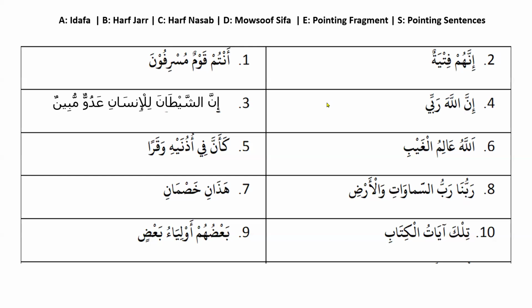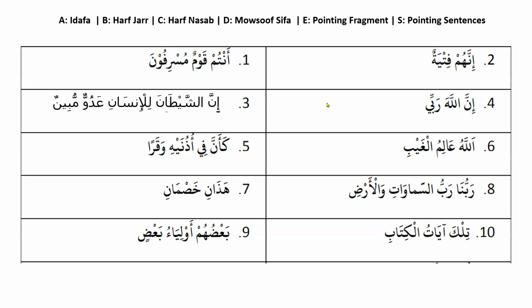Inna Allah, harf of nasab. Rabbi, idafa. Very good. And why idafa? Because the attached pronoun ana is there. That's fine. Okay, very good, sister. So Inna Allah Rabbi, certainly Allah is my Rabb. Okay, thank you.